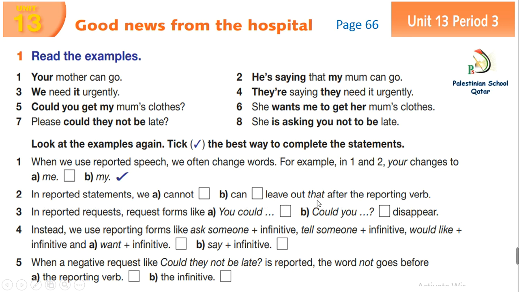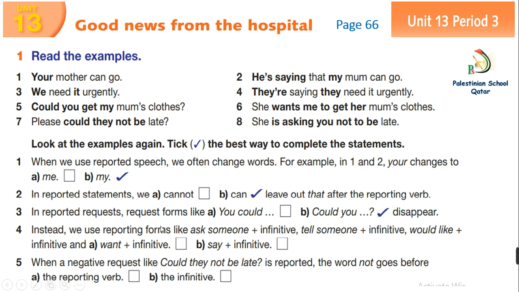We can put that or we can leave it out after the reporting verbs. Yes, we can leave it. In reported requests, forms like you could or could you disappear. What is it? You could or could you disappear? Of course, could you.